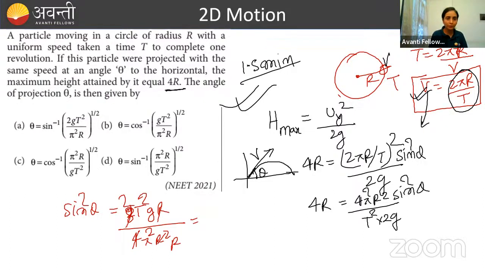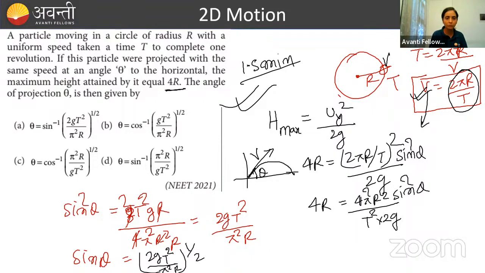And the answer you are going to get is 2g t square by pi square r. So sin theta will become the square root of this. This power will go here and it will become (2g t square by pi square r) to the power 1 by 2. So theta will be sin inverse of this, right?